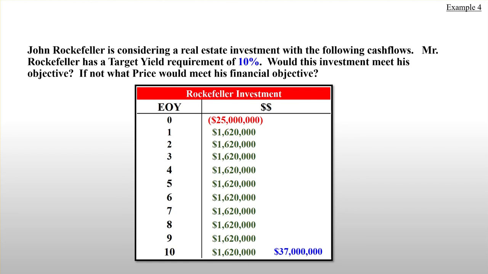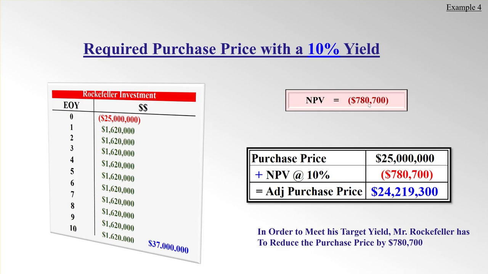Easy enough. We run our cash flow analysis based on a 10% discount rate to determine our net present value under our required yield. We see that our net present value is a negative number, which means that we have to reduce the purchase price by this net present value amount.